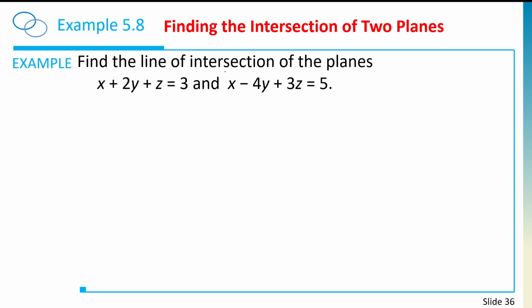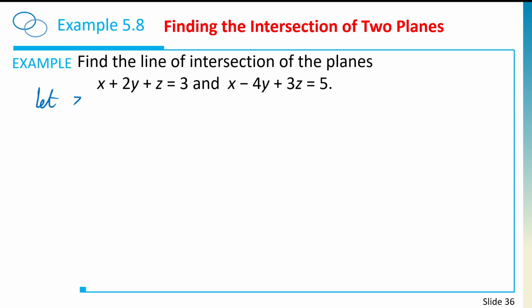To find the line of intersection for these 2 planes, what we need to do here is, let's say I'll let one of the 3 variables be t.